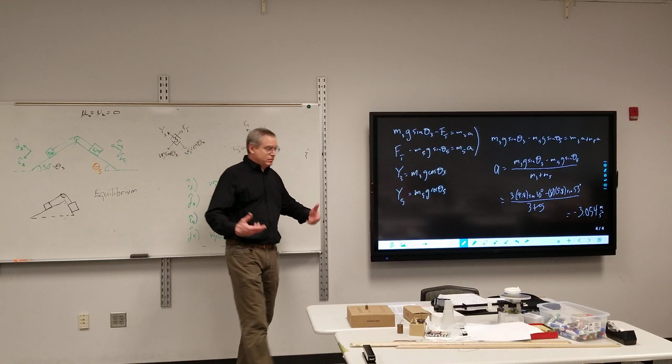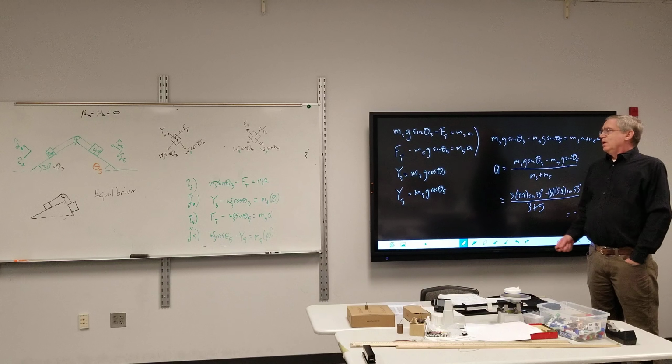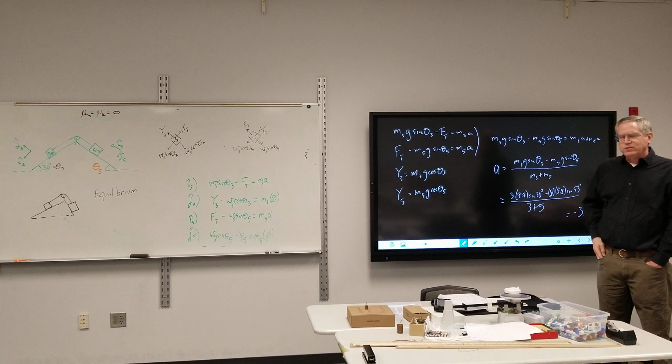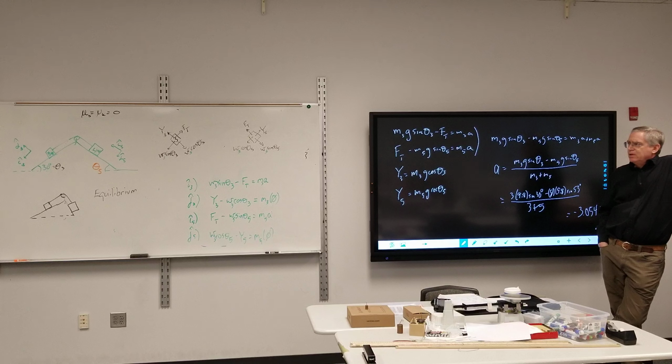So if it's in equilibrium and we get to the acceleration phase, because we've already done the force diagram, what do we pick for the direction of acceleration? If it is zero.